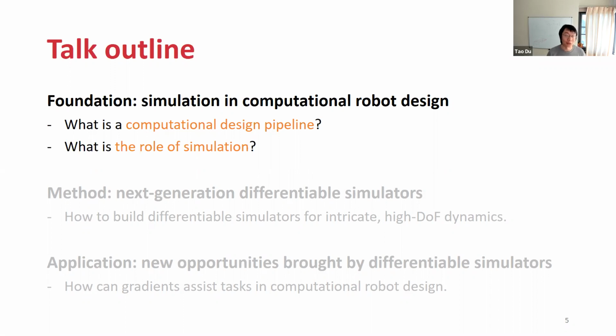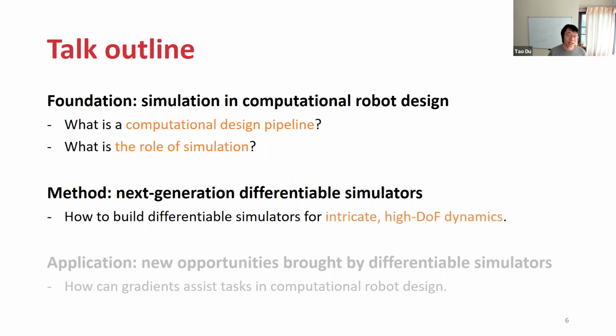Specifically, I will be answering 2 questions in this part: the definition or concept of the computational design pipeline, and also, more importantly, what we consider the role of a simulation tool in this computational design pipeline.